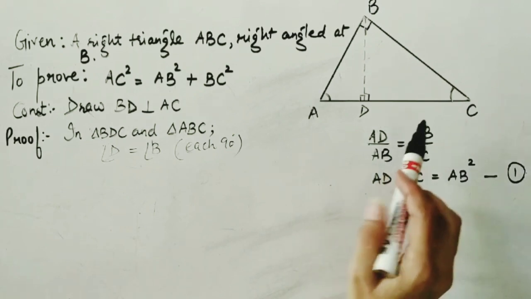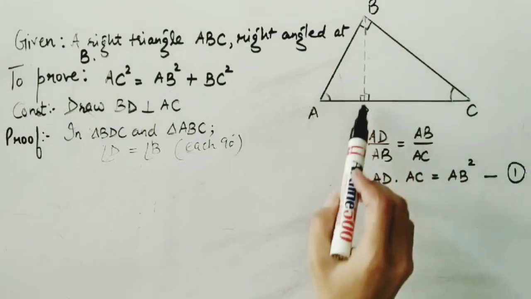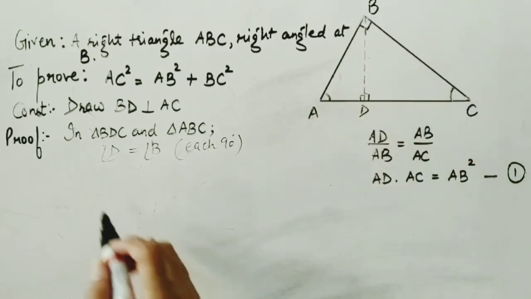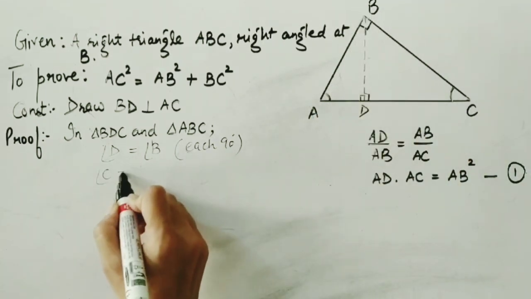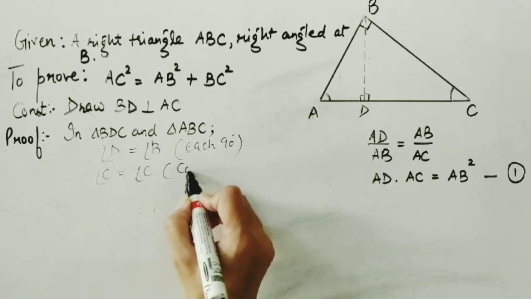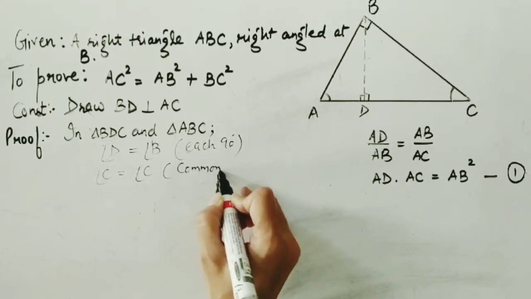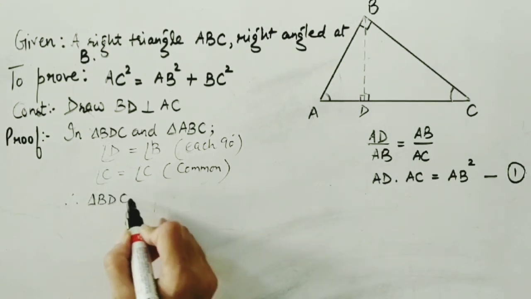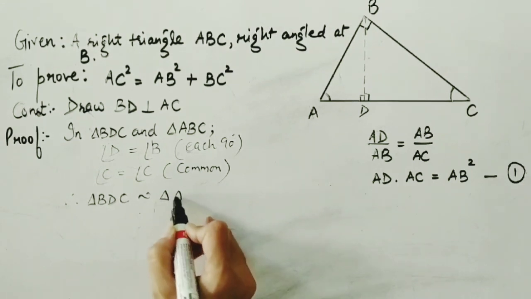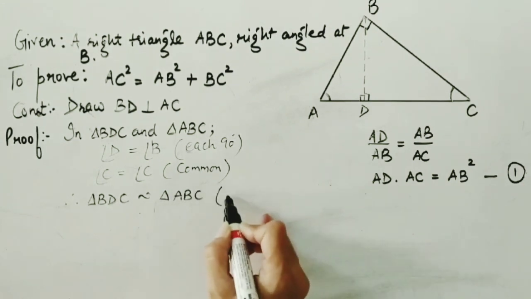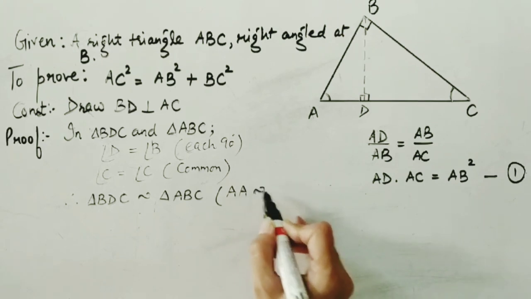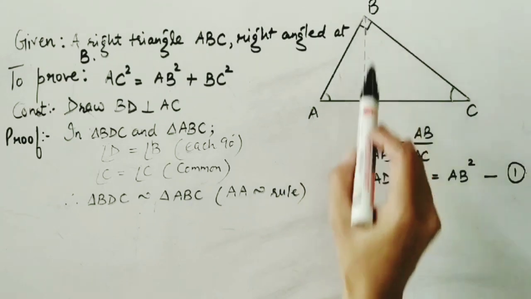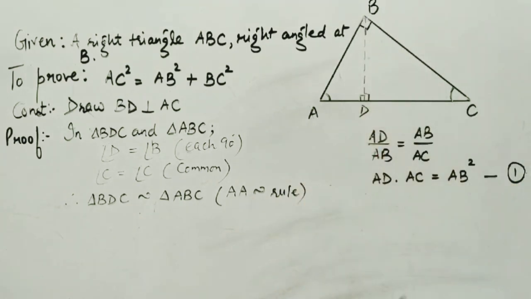Now the second pair, in triangle BDC angle C, and even in triangle ABC we have angle C. So angle C is equal to angle C, that is our common angle. Therefore triangle BDC is similar to triangle ABC, and this similarity is obtained by the AA rule.